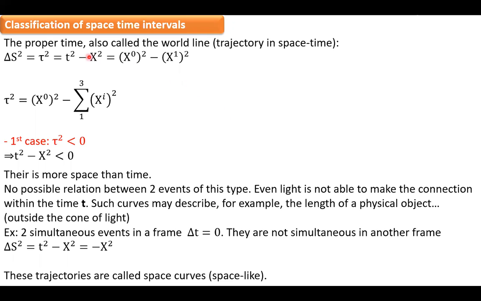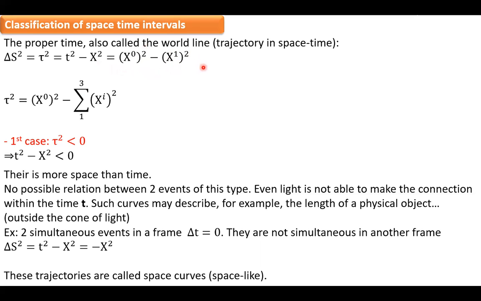If you take a piece of the trajectory, so the proper time in the frame R prime, tau squared, or t prime squared, which is t squared minus x squared, can be written as x0 squared minus x1 squared.